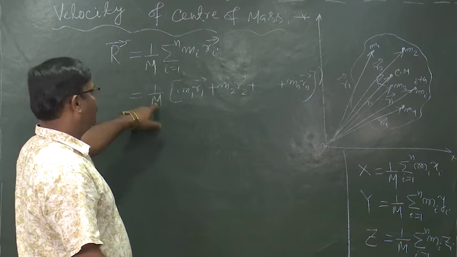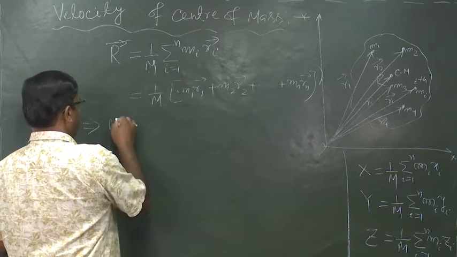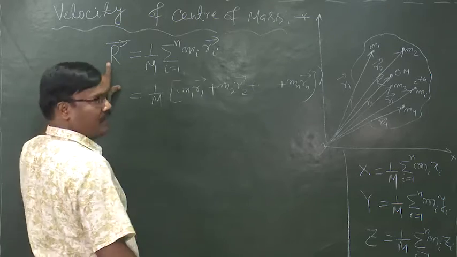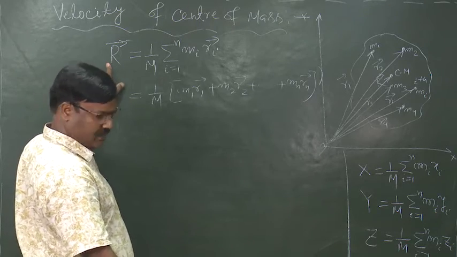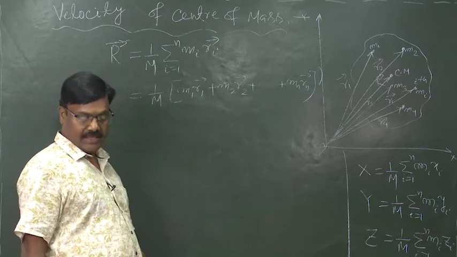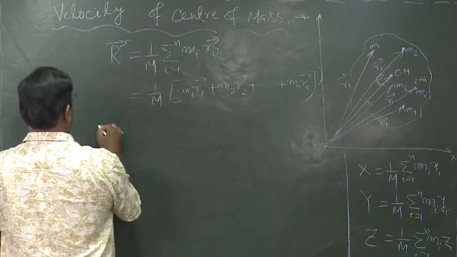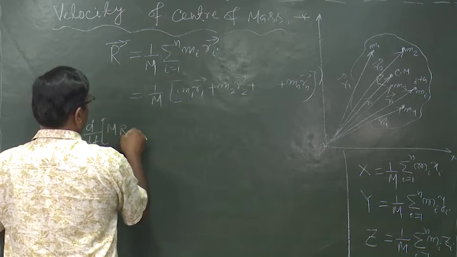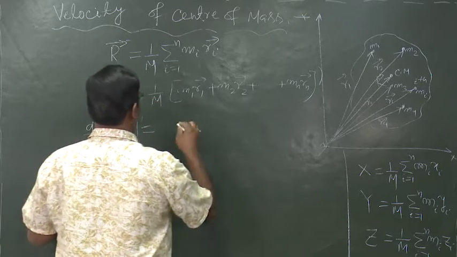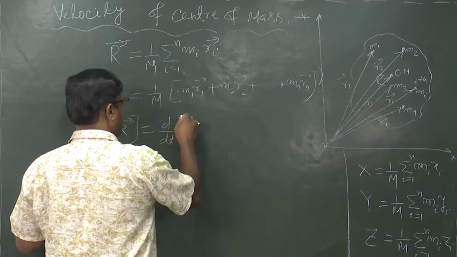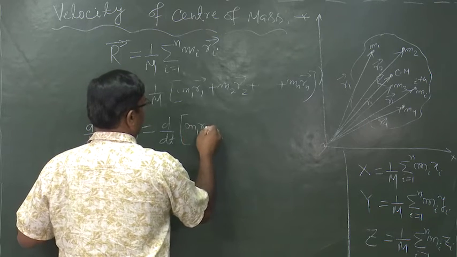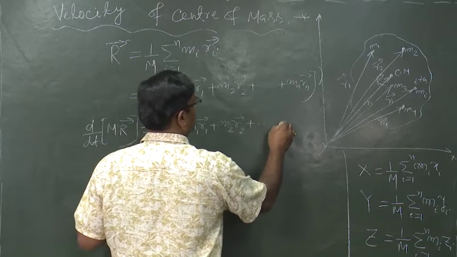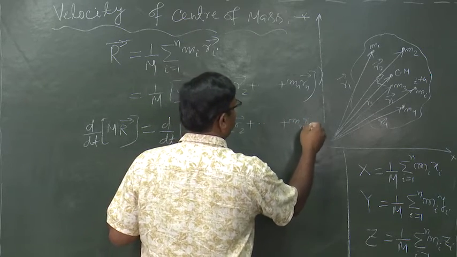Taking M to this side, we can write M R vector is equal to m1 r1 vector plus m2 r2 vector plus up to mn rn vector. Now taking the derivative, d by dt of M R vector is equal to d by dt of m1 r1 vector plus m2 r2 vector plus up to mn rn vector.